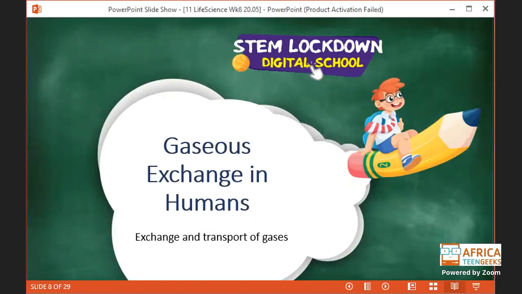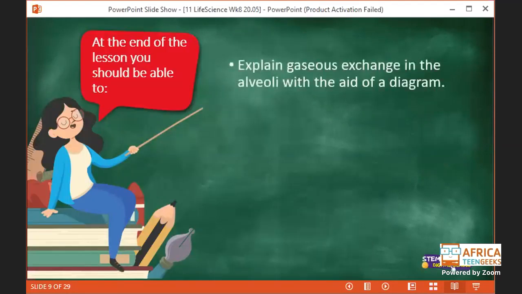Today, what we will be looking at is exchange and transport of gases. Yesterday, we looked at the ventilation of the lungs, and today we are looking at exchange and transport of gases. All right, Prashani is good. Here are our lesson outcomes. Firstly, explain gaseous exchange in the alveoli with the aid of a diagram.